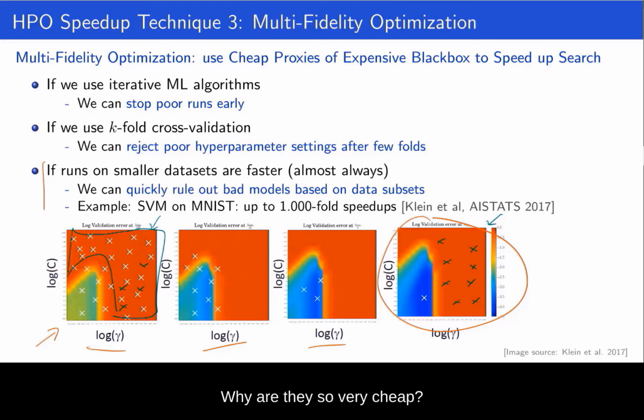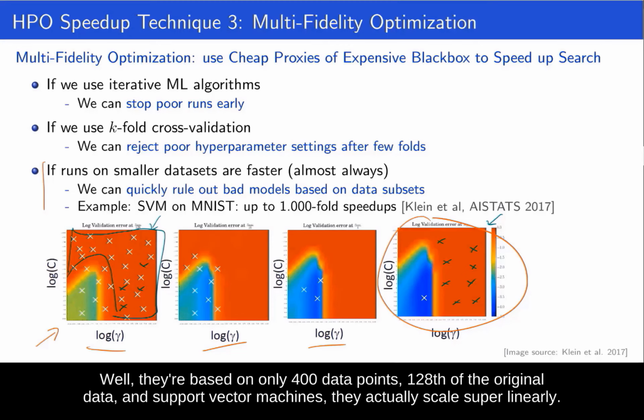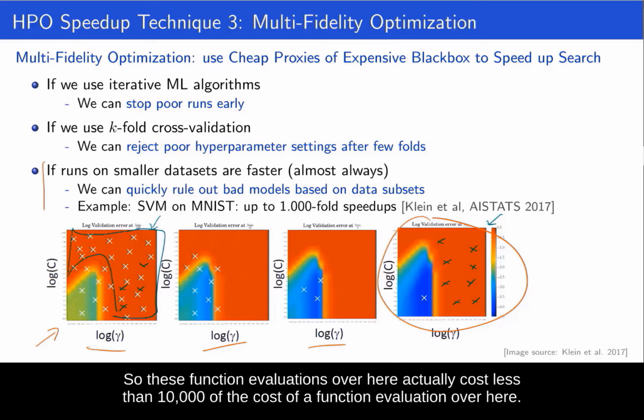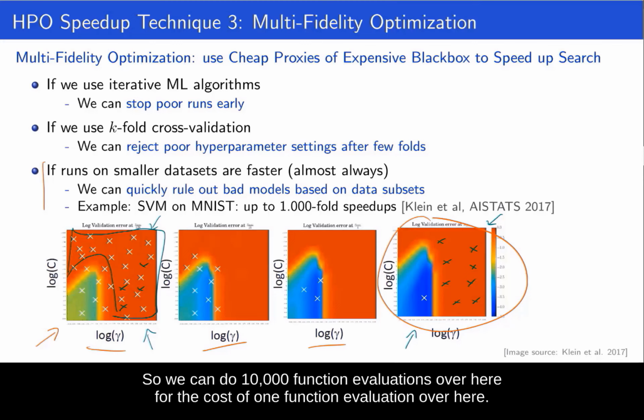Why are they so cheap? Well, they're based on only 400 data points, a 128th of the original data, and support vector machines scale super linearly. So these function evaluations over here cost less than 1/10,000th of the cost of a function evaluation over here. So we can do 10,000 function evaluations over here for the cost of one function evaluation over here.